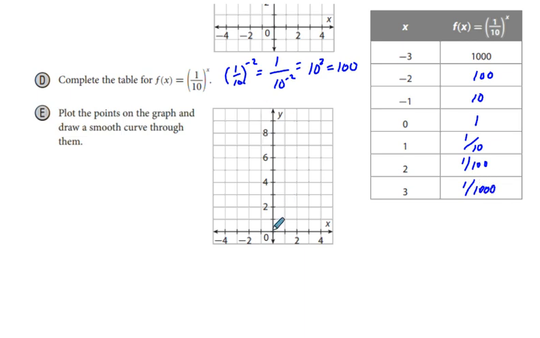And as far as what to draw this in, if we put in negative 1, we get 10. You can see negative 2 and negative 3 are totally off the chart. If we plug in 0, we get 1. If we plug in 1, we get 1/10. If we plug in 2, we get 1/100th. So we get something that's going to be even harder to draw than the other one. Oh, that looks terrible.